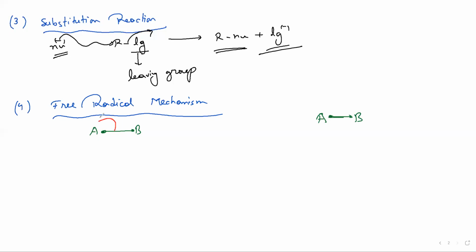One electron is taken by atom A and the other electron by atom B. Each atom takes one electron, so it becomes A dot and B dot. These are called free radicals, and this bond breaking is called homolytic cleavage, or homolysis.